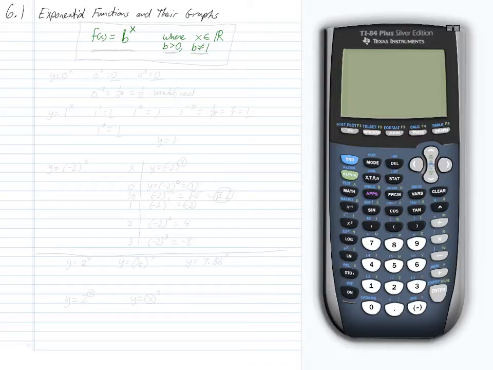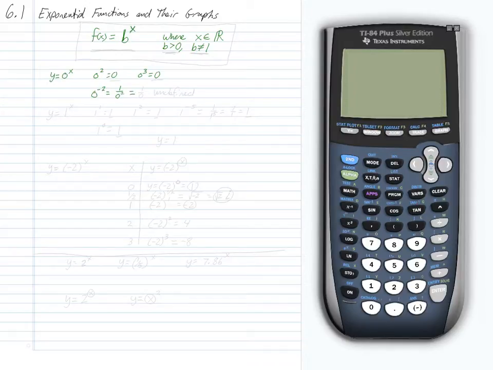For one thing, if we had y equals 0 to the x, that would be a pretty boring function most of the time, because 0 squared is 0, 0 cubed is 0. Any x value that we plug in is going to give us 0, unless the x value is negative. 0 to the negative second would be 1 over 0 squared. So remember those properties of exponents.